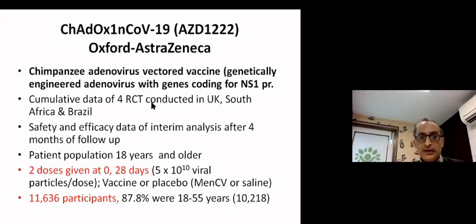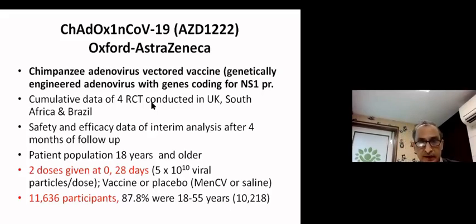So whatever cumulative data we have till now from the 4 randomized controlled trials is quite promising. I will show you there is interim data which has been generated recently, and it has been published in the 9th January issue of the Lancet. It has shown very promising results. The efficacy is about 70%, the cumulative efficacy of this vaccine.